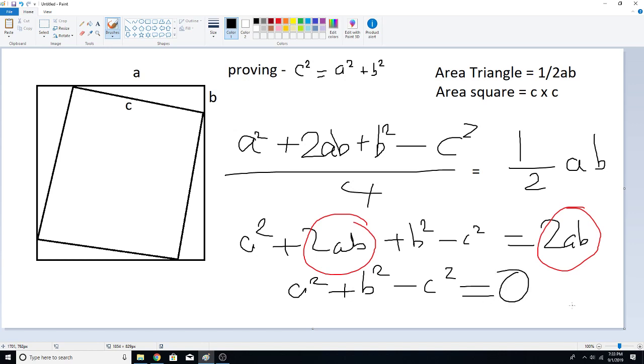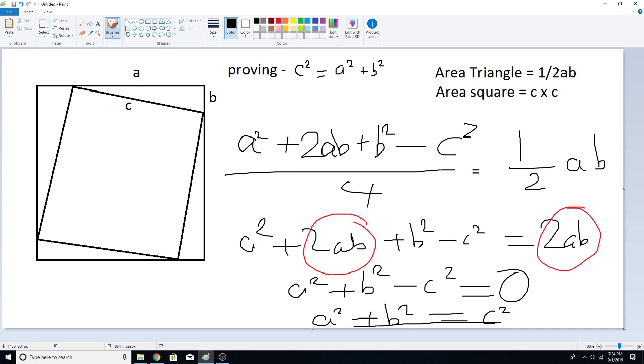Now, what can you do now? You can move the c squared to this side to make it a positive c squared, to make a squared plus b squared equals c squared. And there you have it.